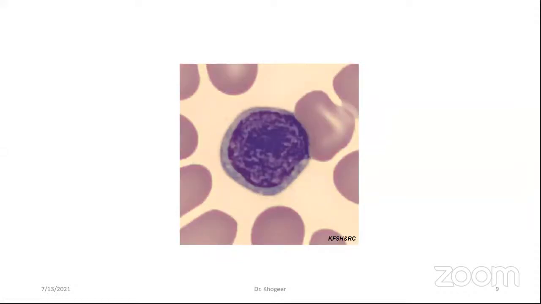This is a typical lymphocyte, which is slightly larger than normal RBCs with scant to moderate pale blue cytoplasm, round nuclear contour, mature chromatin, and inconspicuous nucleoli.